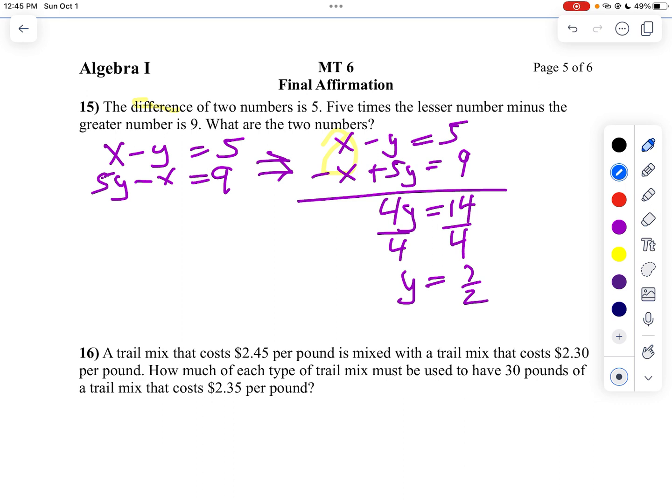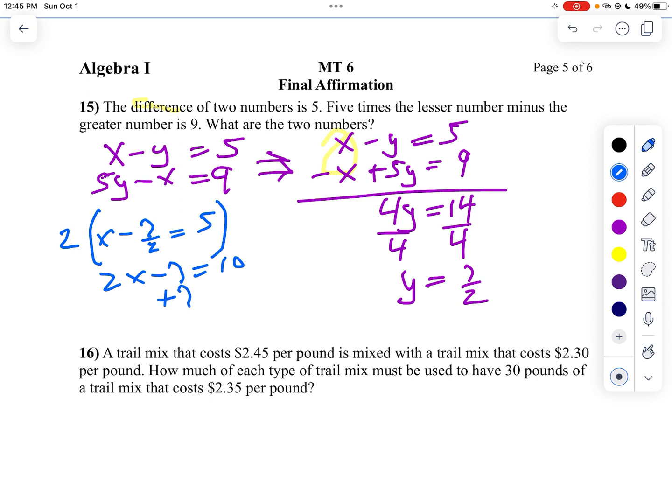So x minus 7 halves equals 5. So let's get rid of the fractions. And my first parenthesis does not like to write when I draw it. So then 2x minus 7 equals 10.